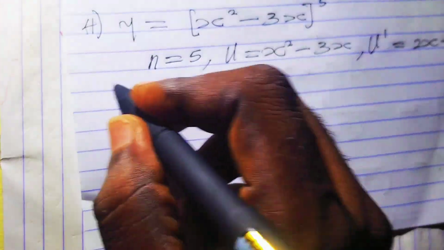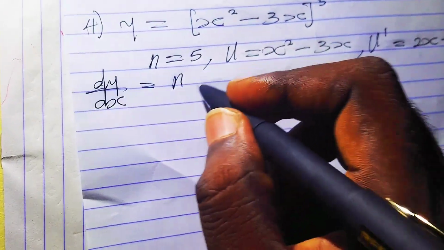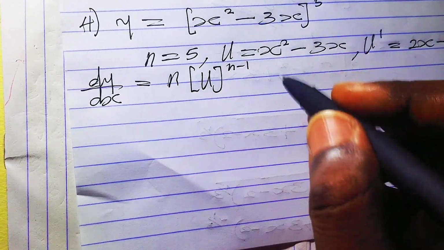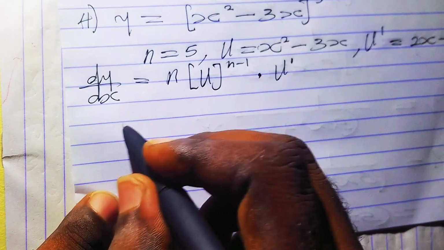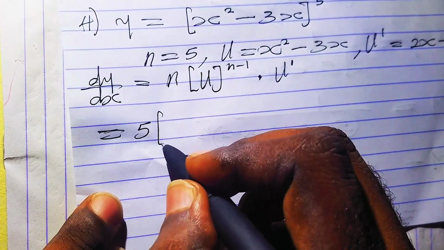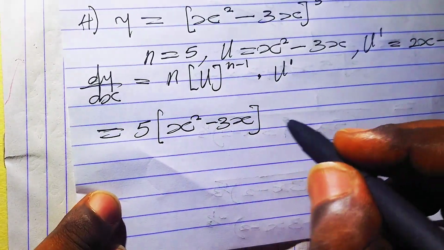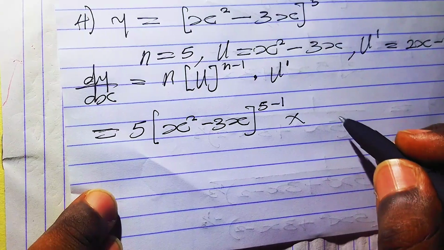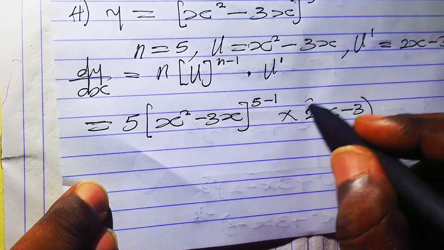And then dy/dx is equal to, the chain rule says, n in the bracket, u raised to the power of n minus 1, multiplied by the differential value of u. And therefore, let's put that into the expression. That is 5, and in the bracket u is x squared minus 3x raised to the power of 5 minus 1, multiplied by 2x minus 3.